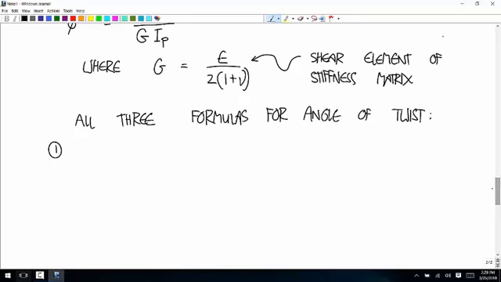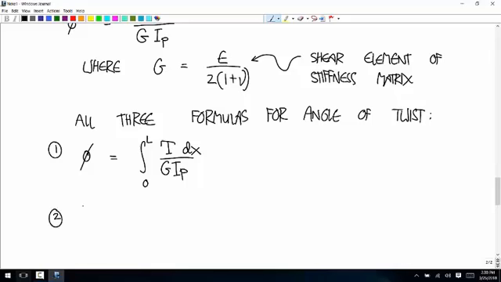The first one says that the angle of twist is equal to the integral from 0 to L of the torque dx over G I sub P. Oh, you can also remember that because GIP is a funny thing to say. That's probably an easier way to remember it. Okay, so that's the definition.